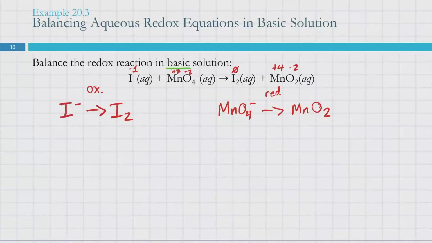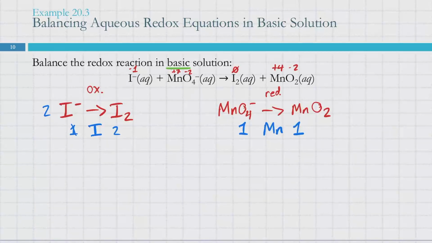Now we balance with respect to mass. For our oxidation half reaction, we've got 2 iodines on the right, 1 on the left, so we use a coefficient of 2. We're done balancing our oxidation half reaction. For our reduction half reaction, we're balancing things that are not oxygen or hydrogen.